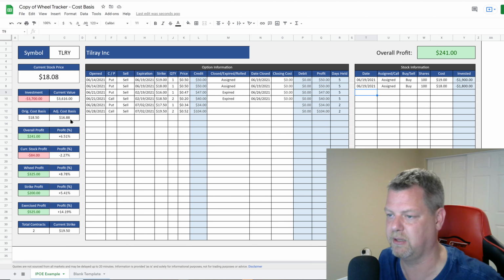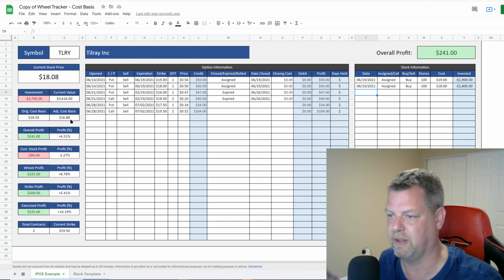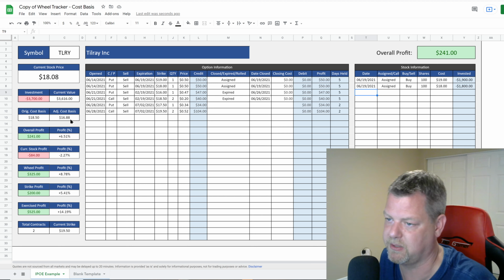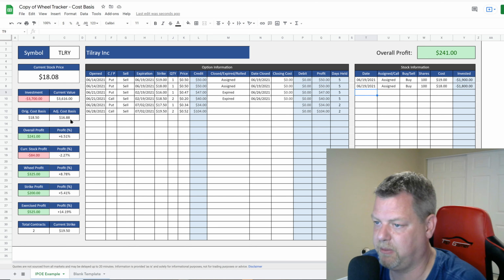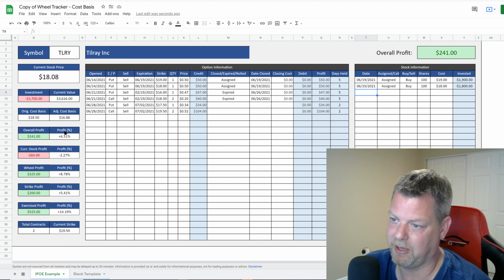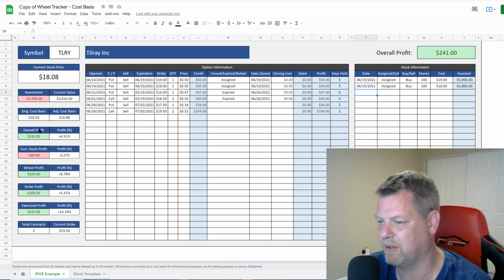So you can look at it that way, like, hey, I've sold so much premium in this position that these shares pretty much only cost me under 17 bucks a piece. However, if you look at it from that standpoint, then you don't get to look at it from a profit standpoint. It's kind of one or the other.